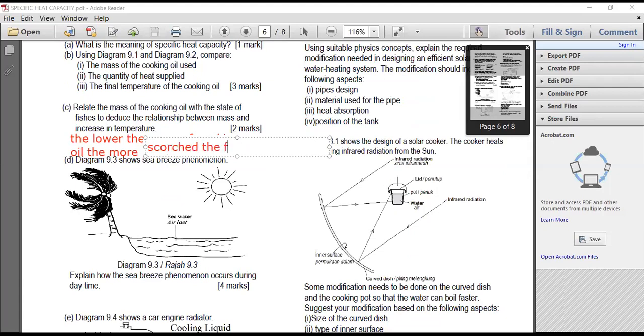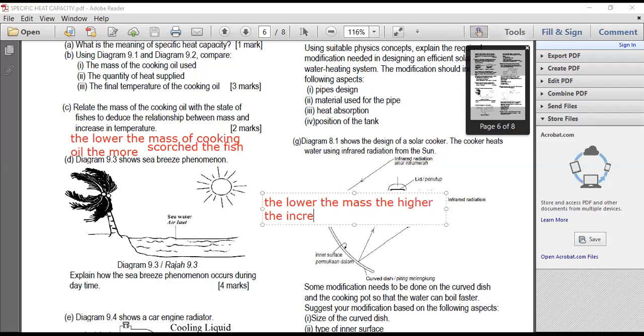The lower the mass of cooking oil, the more scorched the fish is. Relationship between mass and increase in temperature: the lower the mass, the higher the increase in temperature.